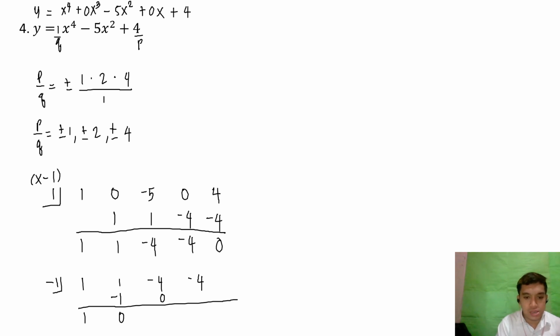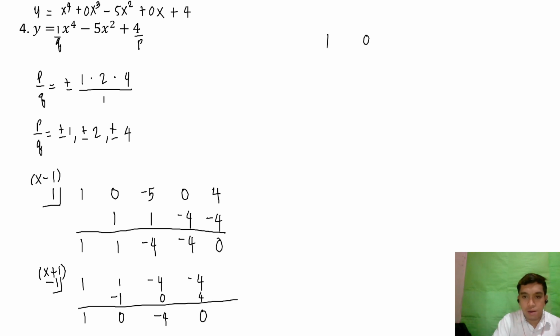Negative 4 plus 0 is negative 4. Negative 4 times negative 1 is positive 4. So negative 4 plus positive 4 is 0. Okay, so 0 yung ating remainder. Ibig sabihin, yung negative 1 ay real root. So yan ay magiging x plus 1. So continue lang natin dito sa taas.